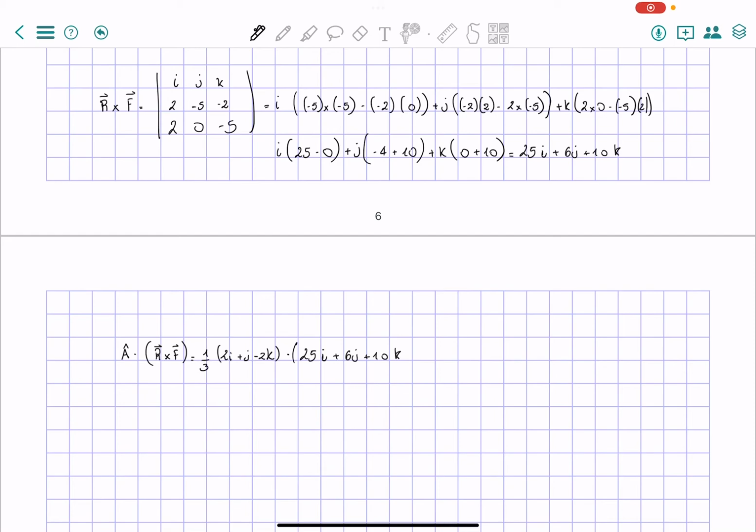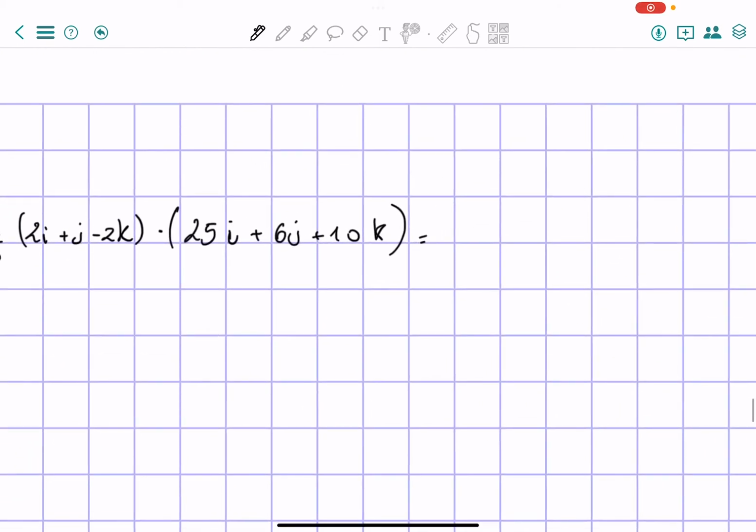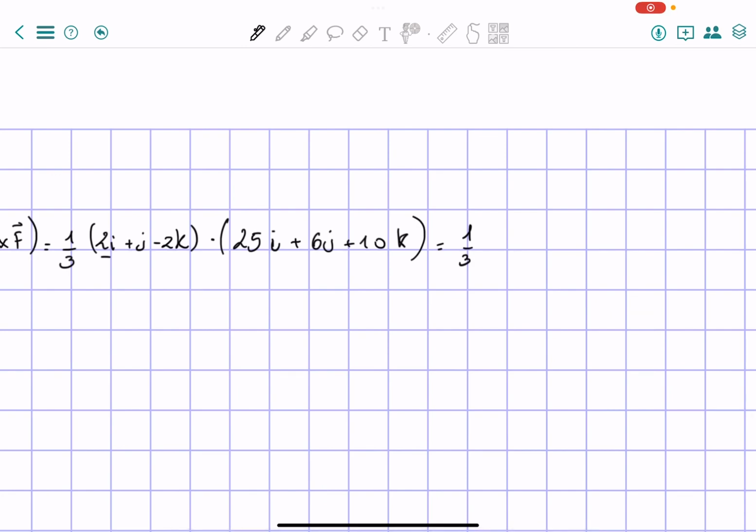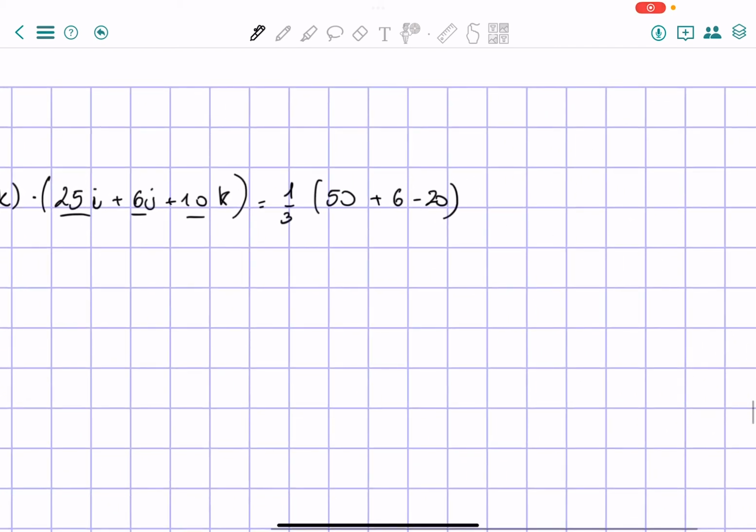Let's keep the 1/3 in front. We have 2i times 25i, which makes 50, plus 1j times 6j, which is 6, and then negative 2 times 10, so negative 20. So we have 1/3 times 56 minus 20, so 36, which is equal to 12.